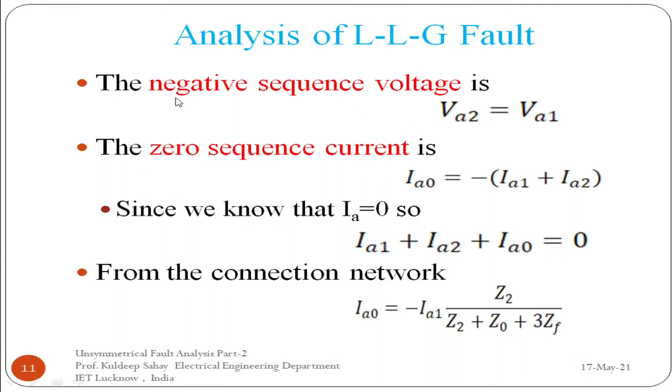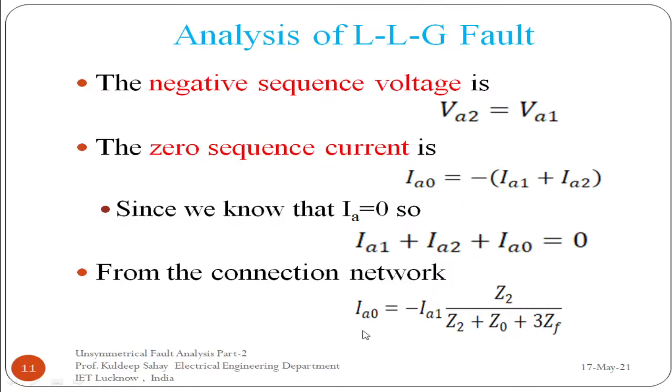Negative sequence voltage is equal to positive sequence voltage, that we have proven, while the zero sequence current is equal to minus of IA1 plus IA2, because IA1 plus IA2 plus IA0 is 0, so putting the value equal to 0 gives this condition.